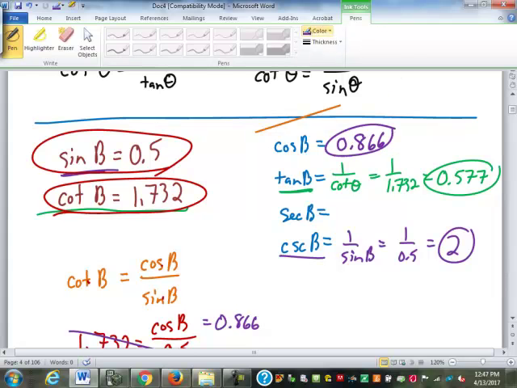And now secant is going to be relatively easy to find because secant is 1 over cosine. So it's 1 over 0.866, which is 1.155, I believe, isn't it? What do you think? Doable?